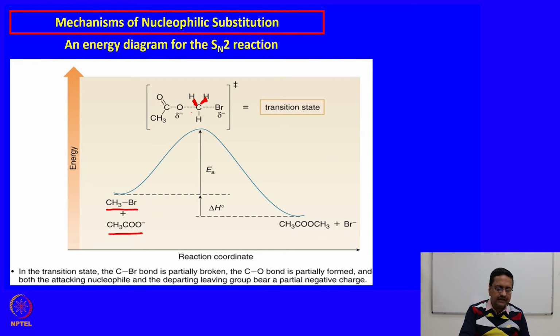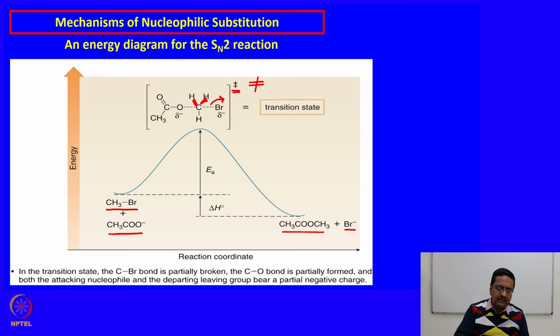This acetate attacks the methyl group from one side, and bromine gets released from the other side. So, to achieve this state, which is a transition state, normally we identify the transition state with a hash symbol, is a transient species, and when the bromide is eliminated, you get the ester and the bromide separated.